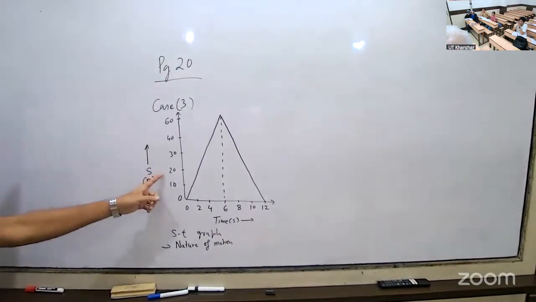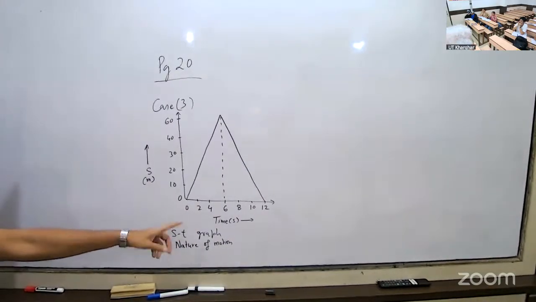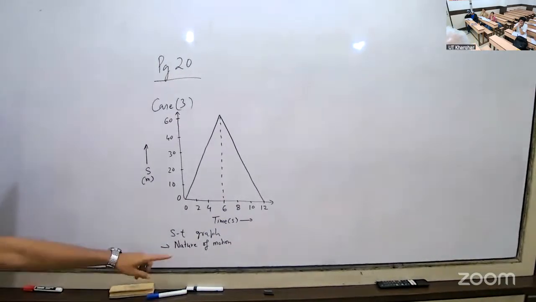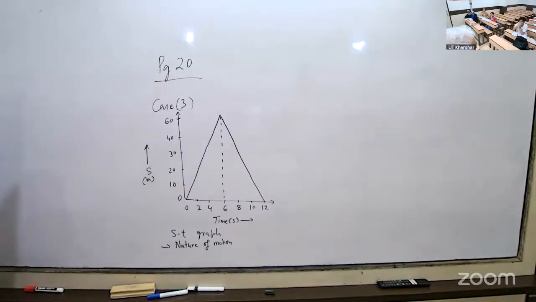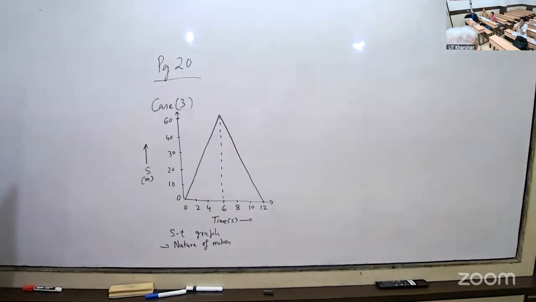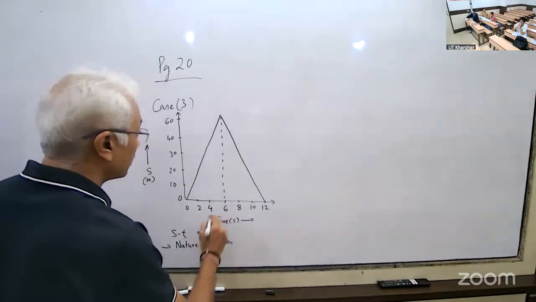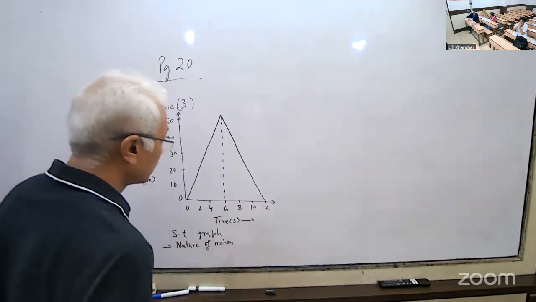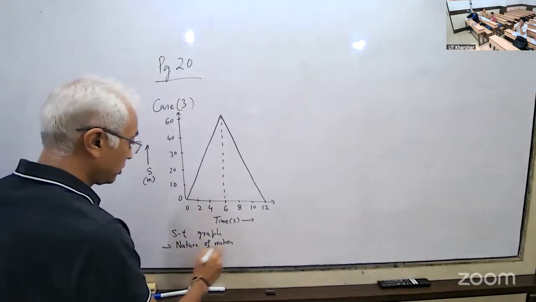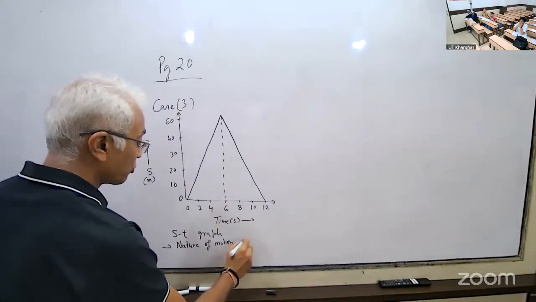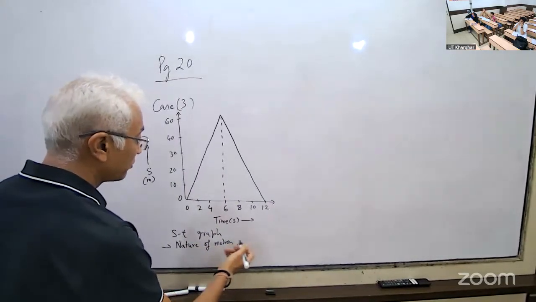Straight line graph means what kind of motion? Uniform motion till 6 seconds. And uniform motion from 6 to 12 seconds. But what kind of uniform motion?